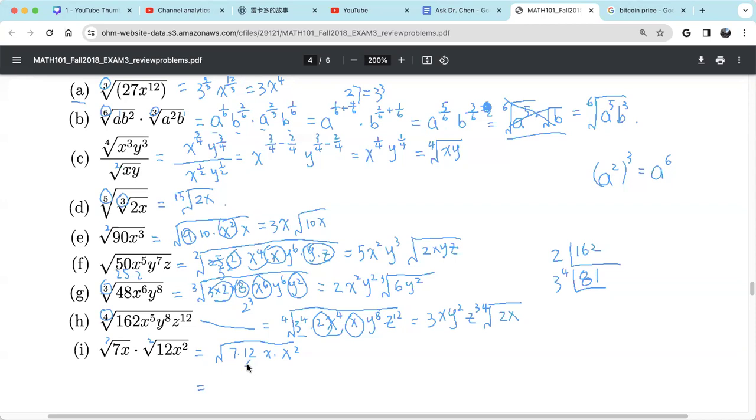Well, 12 is 4 times 3. So the square root of 4 is 2. Then this x comes out, 2x. So what's left inside? 7 times 3, 21. Then this x. So that's it. So I simplifies to 2x square root of 21x. All right, that's question 28.